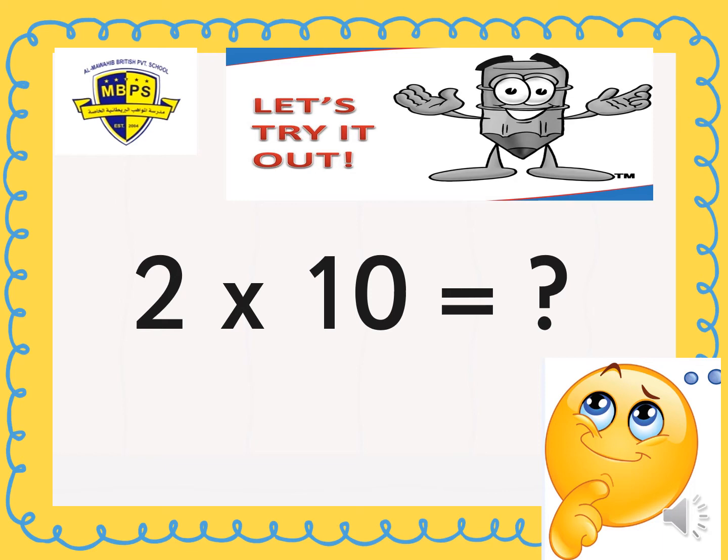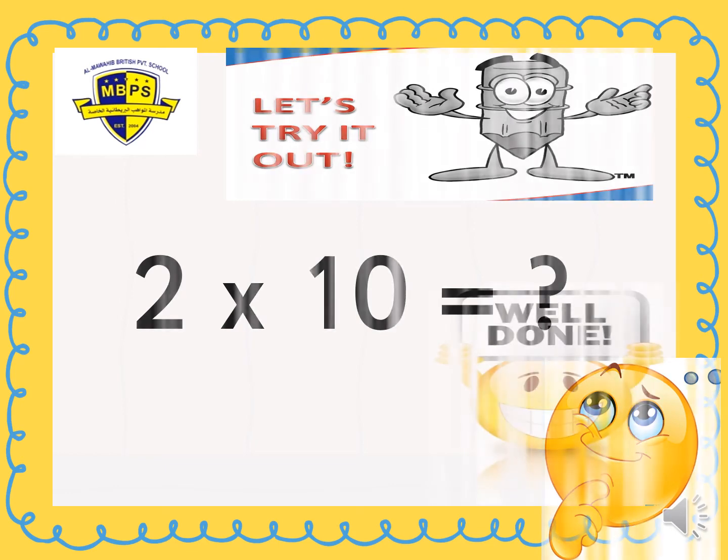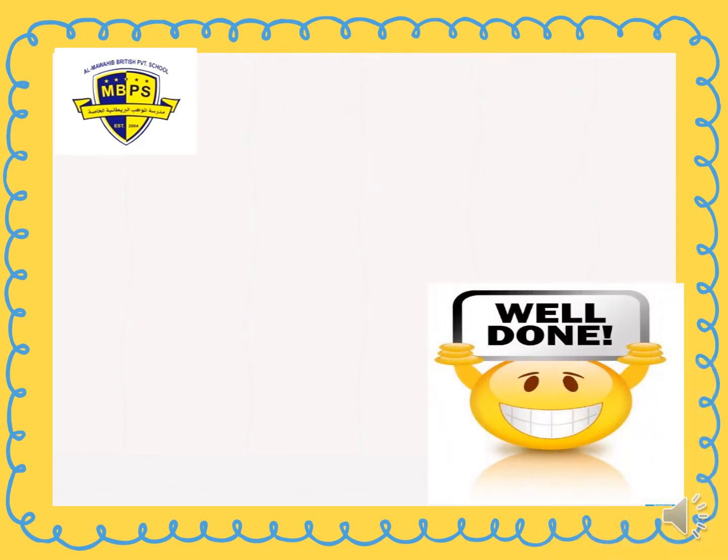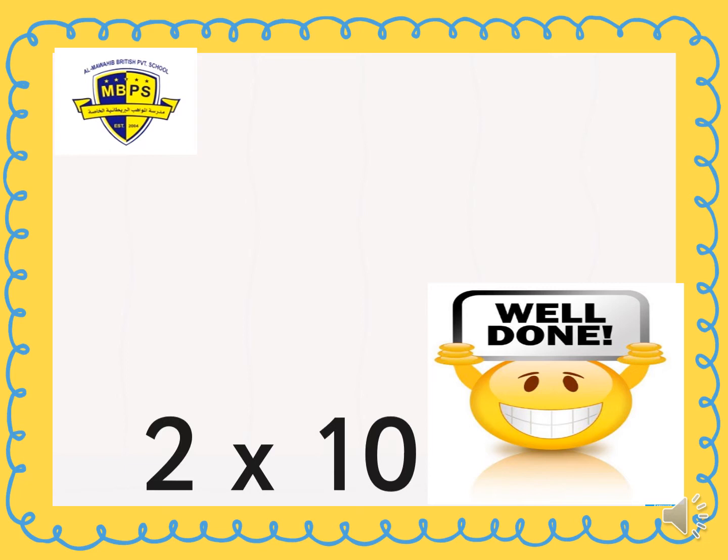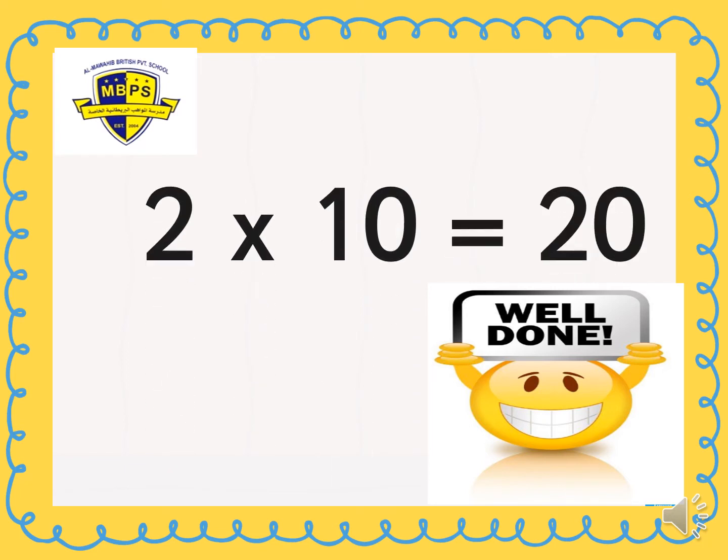If you have 10 for 2 times, or 2 groups of 10, equal what? Try to think. Are you ready to give the answer? Very good. 2 times 10 equal 20.